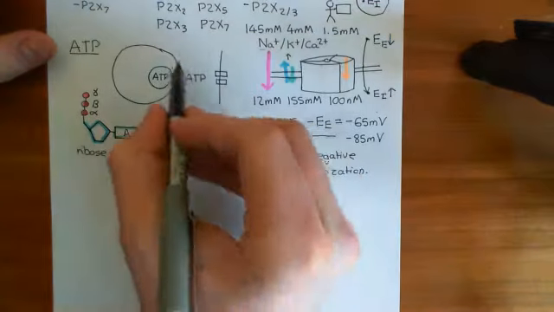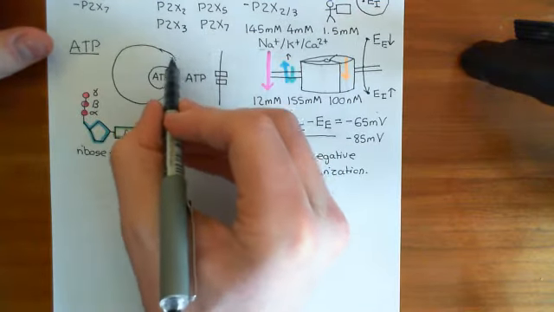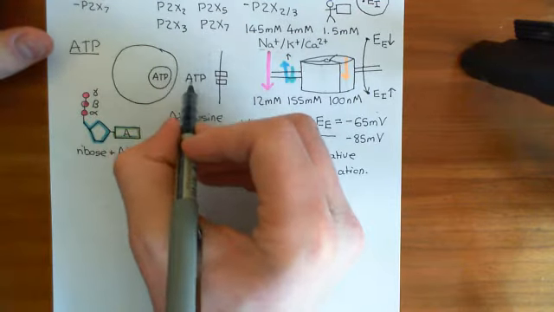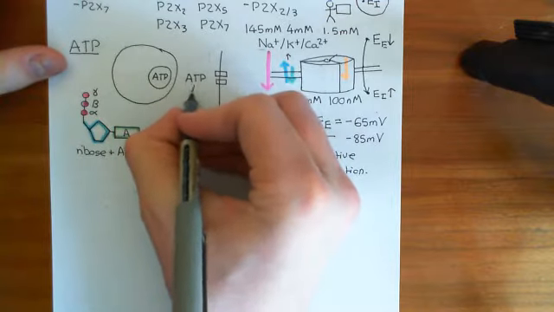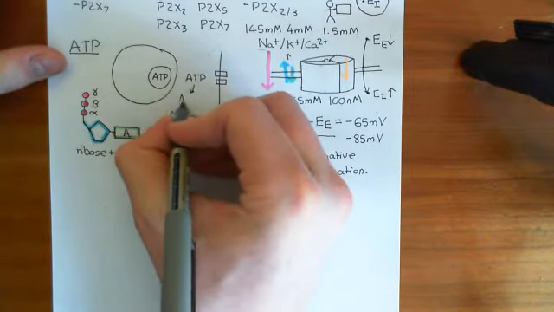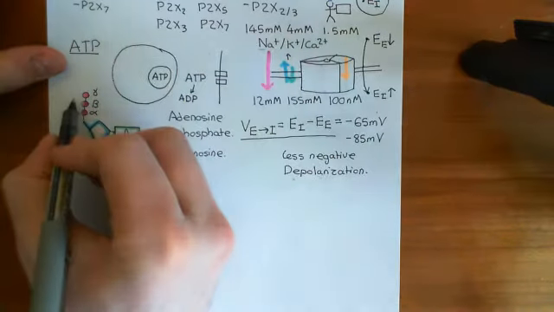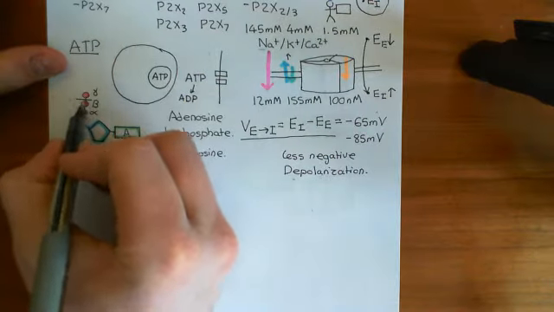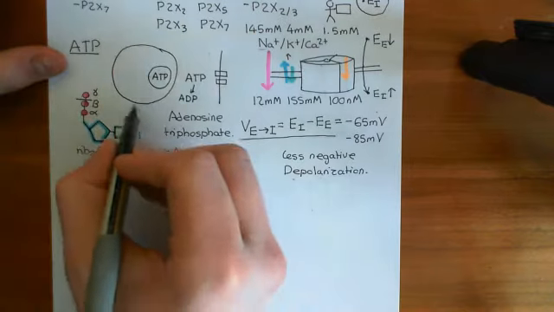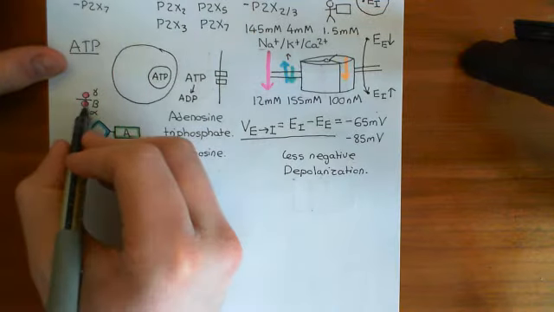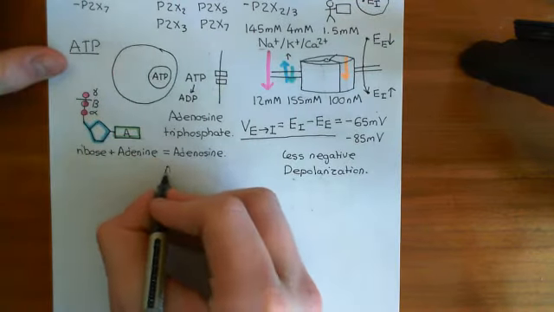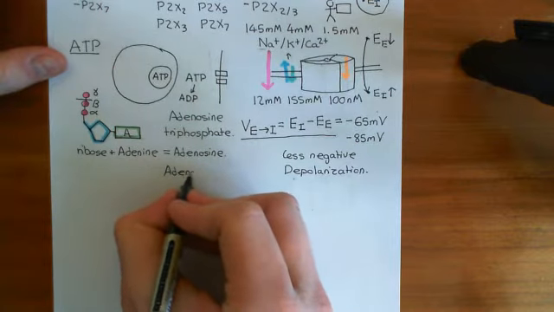So, enzymes which are on the outer surfaces of cells are going to start breaking down the ATP into first ADP, adenosine diphosphate, and to do that you chop off the gamma phosphate. Then what you're left with is adenosine with two phosphate groups bound to it, and that's called adenosine diphosphate.